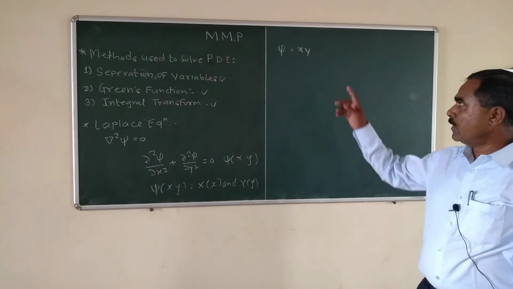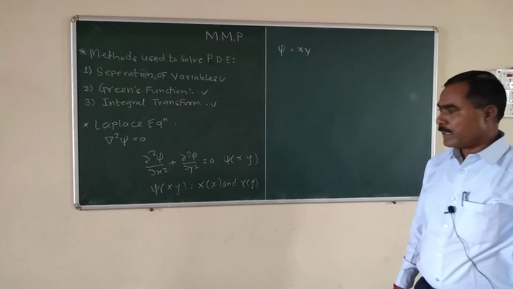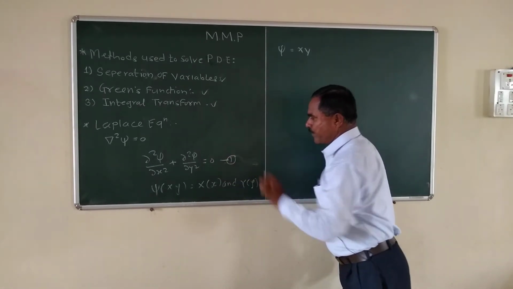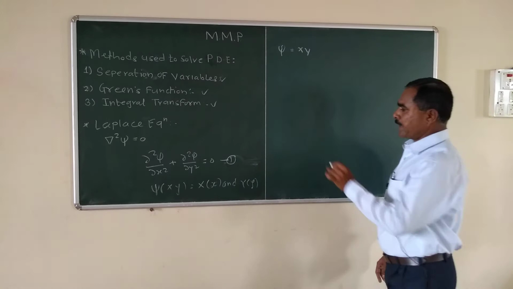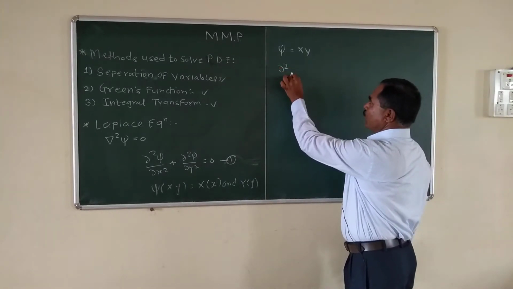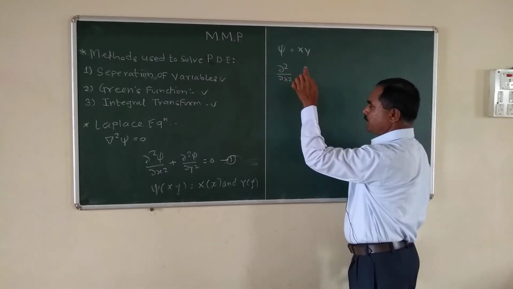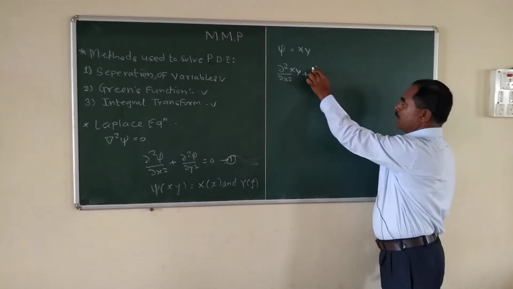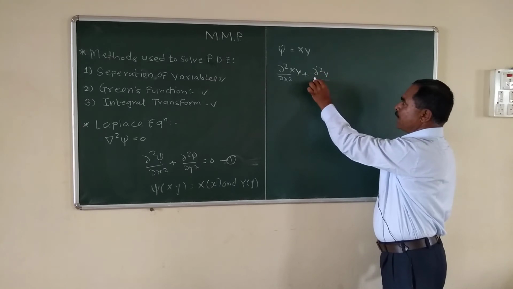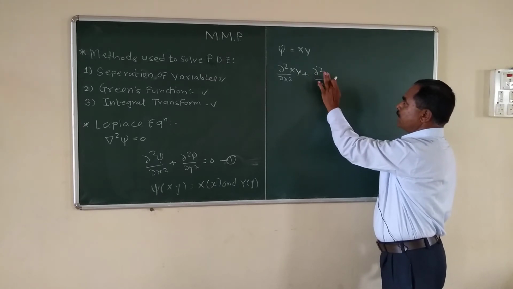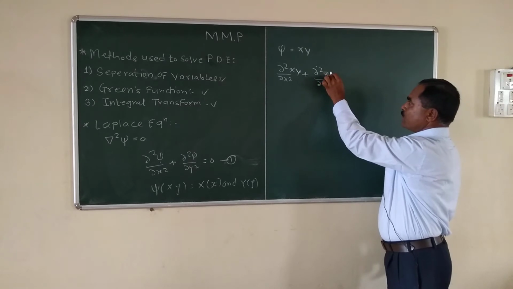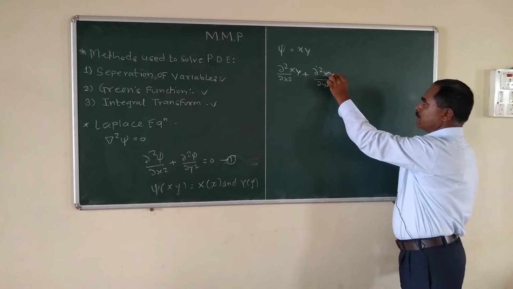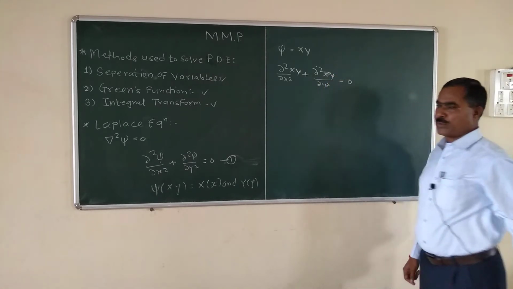Substituting this value of psi equal to XY in equation first, we get del 2 by del x square of XY plus del 2 by del y square of XY equal to 0.